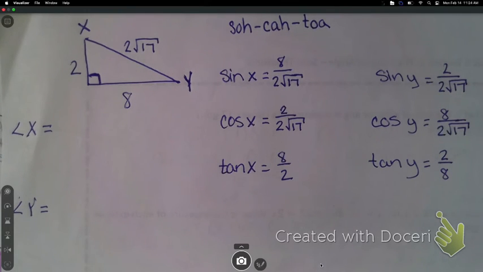We're not doing anything with the calculator right now. We're just putting everything in a fraction.